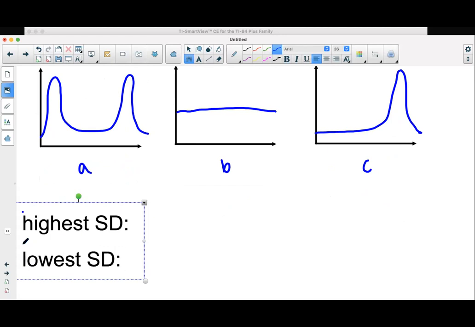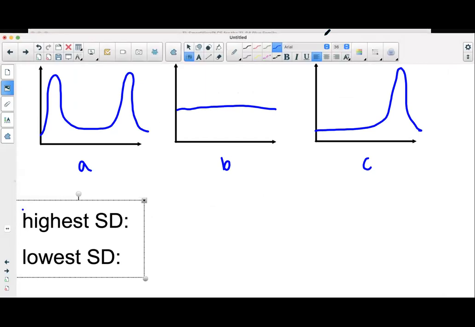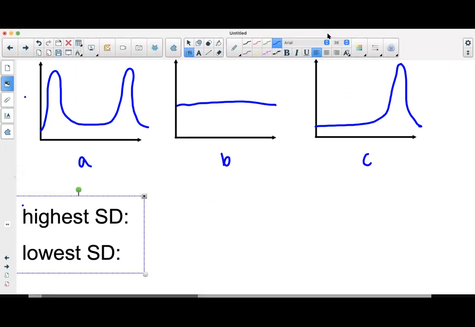Right? Meaning, what am I actually looking for? Which out of those three pictures are most spread apart? From where? From the mean. Most spread apart from the mean, right? And yes, as many of you were thinking, A has the highest standard deviation.